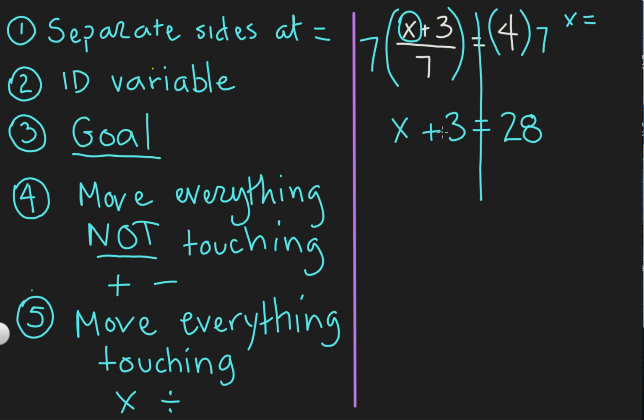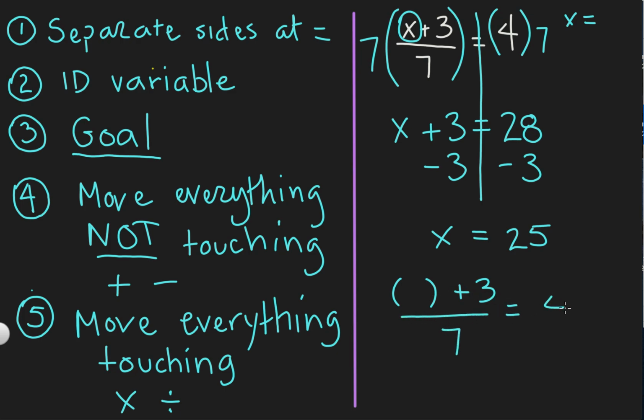And now we've got a one-step equation. X plus 3, the opposite of plus 3 is minus 3, which leaves us with x is equal to 25. I'm going to replace the variable with parentheses. Plug in the value that I found for x.